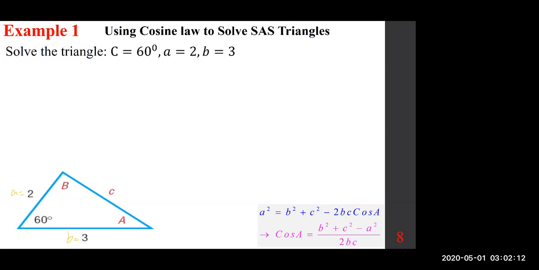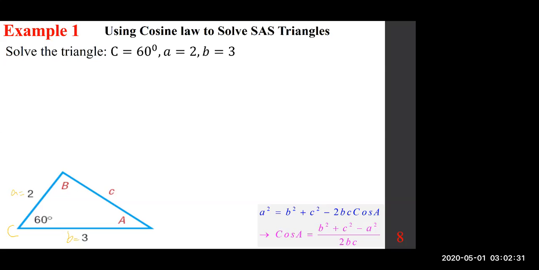B is given as 3. And capital C is 60 degrees. So this must be capital C because A and B, and C is in between. Okay, class?